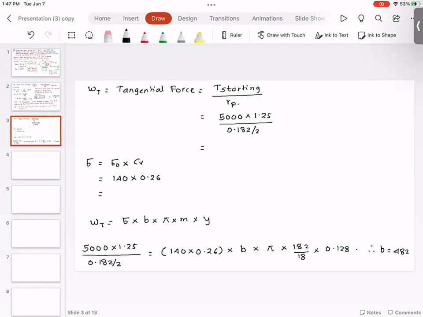Now, the next thing we want to look at is the module. How much is module?